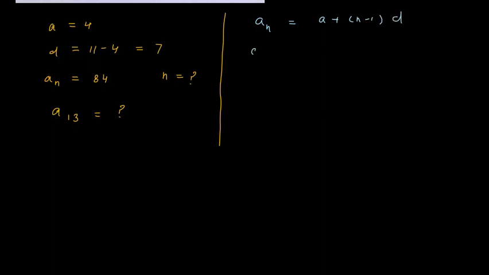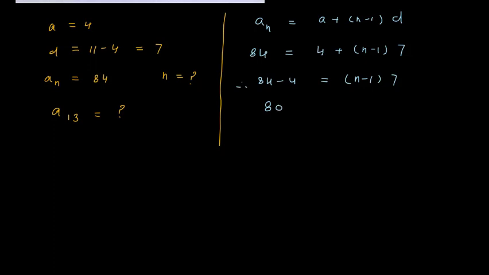An is given 84, so 84 is equal to a, given 4, plus n minus 1, d is given 7. So therefore this is 84 minus 4 is equal to n minus 1 into 7.